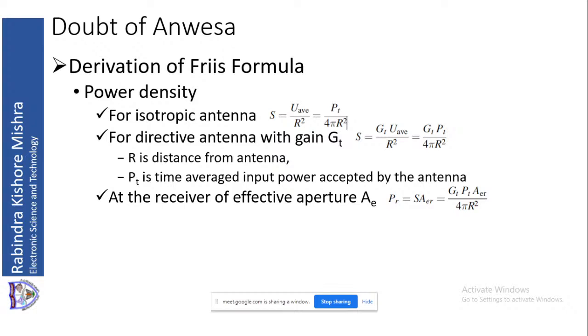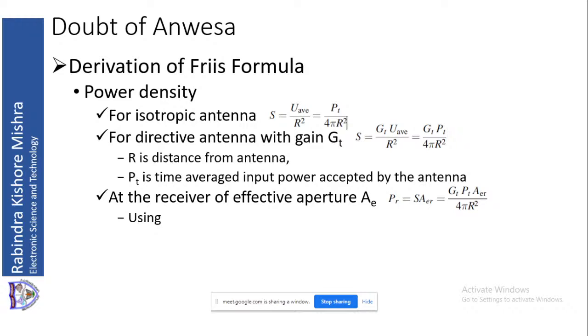So S into AER, that is GT into PT divided by 4 pi R square, into AER. So at the receiver aperture, the power received is GT PT by 4 pi R square into AER.